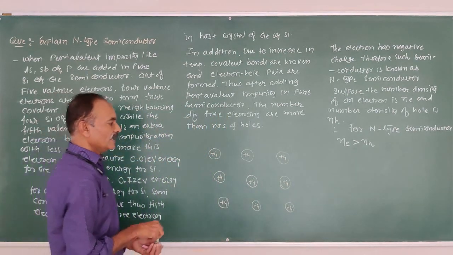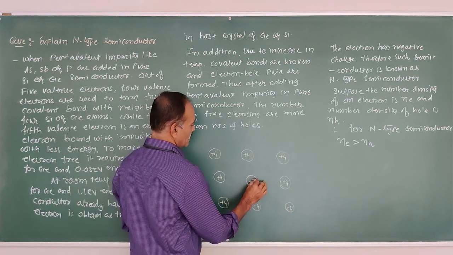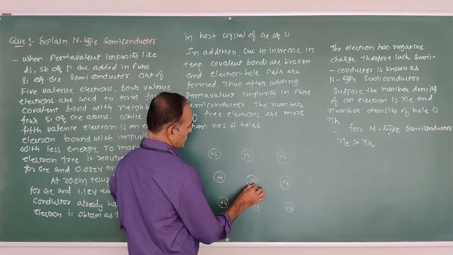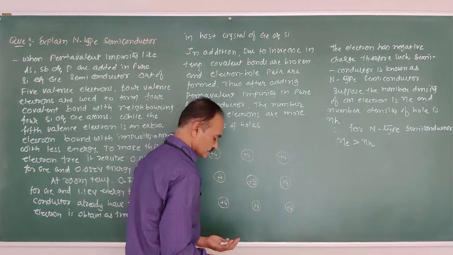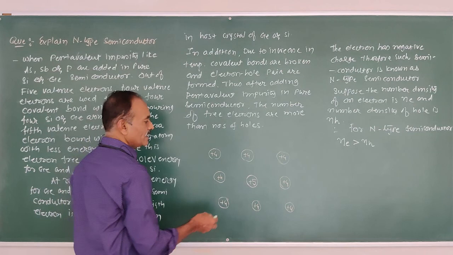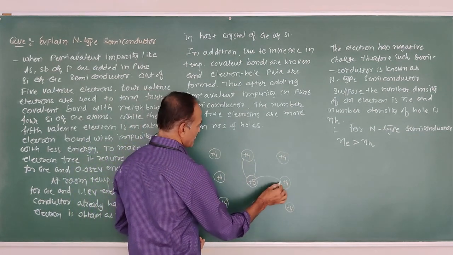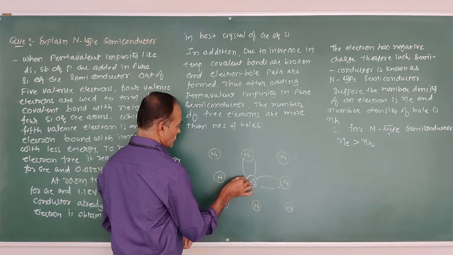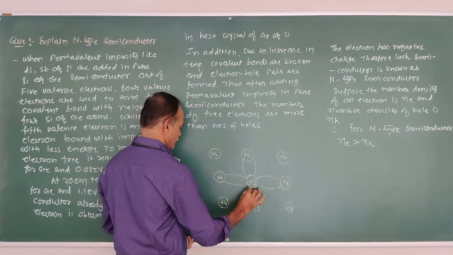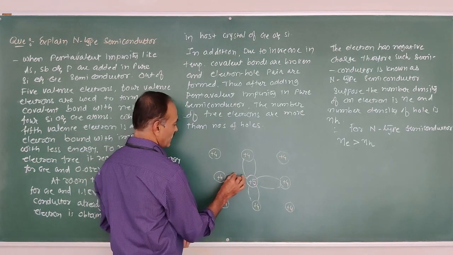Here there is plus 5, the arsenic, antimony or phosphorus. So it has 5 valence electrons. Out of the 5, the 4 are bound in covalent bonds with its neighboring 4 silicon or germanium atoms. 4 covalent bonds are formed by sharing 1-1 electron.